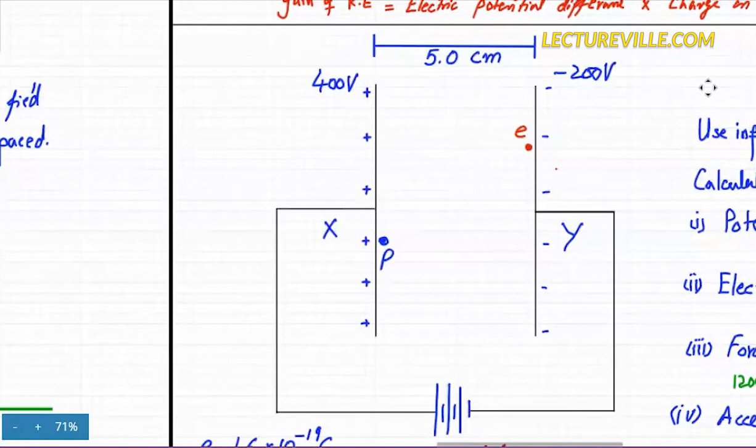Okay. You can keep your microphone on because you are, I think, the only student in the class who is discussing this with me right now. Anna and Amna, I hope you people are solving the questions. Yes, sir. Good, good. Now, sir, this is plate Y, this is plate X. Plate X is at 400 volt, plate Y is at minus 200 volt. Yes?